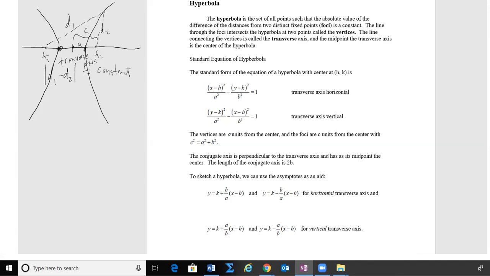So depending on where that focus is, you end up with either an ellipse or this hyperbola.